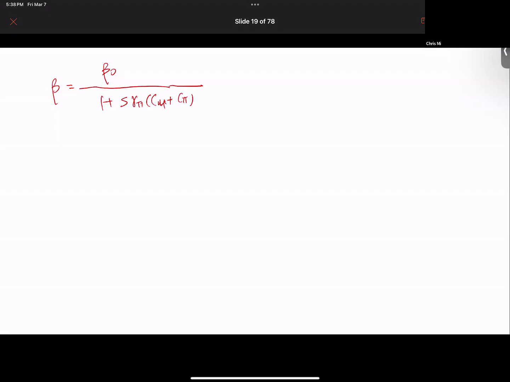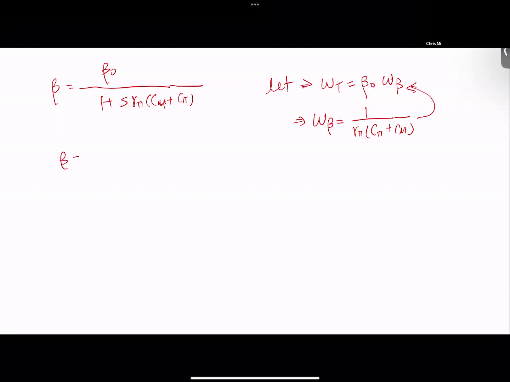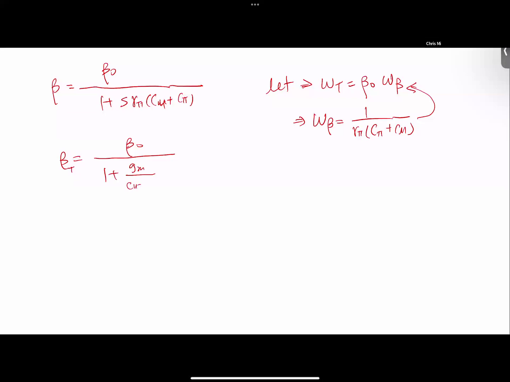If I let omega beta equal 1 over r pi times (c pi plus c mu), and I let omega T equal this, with r pi over here, then we get beta T equal to gm over (c mu plus c pi).